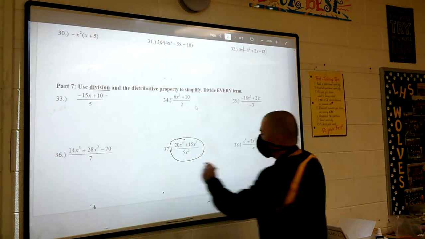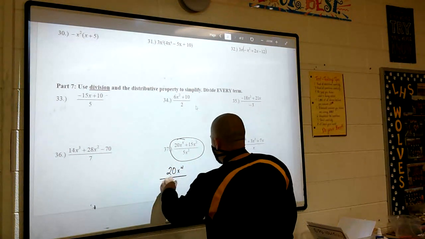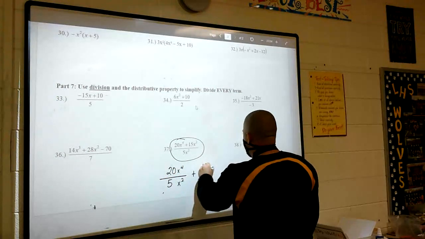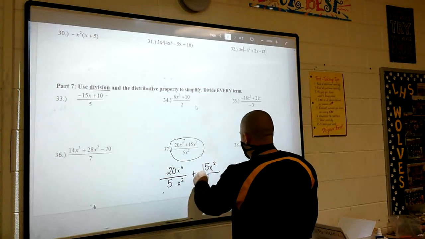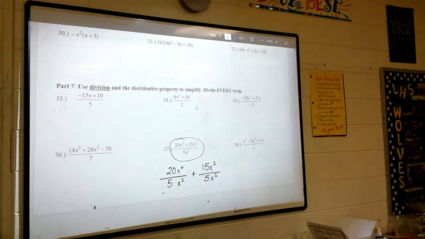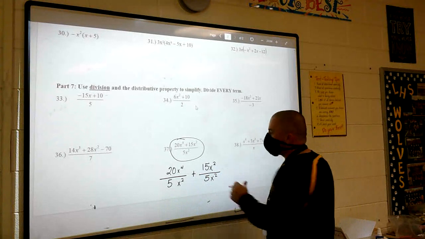So basically what I'm doing is I'm taking 20x to the fourth and dividing it by 5x squared. And then I'm taking 15x squared and dividing it by 5x squared. So I want to make sure that you see that it's basically like there's two fractions there. Like number 36 would basically be like there's three fractions. So 20 divided by 5 is 4.